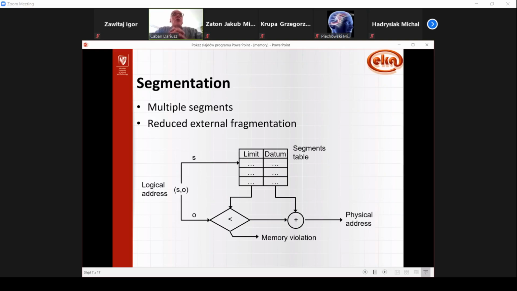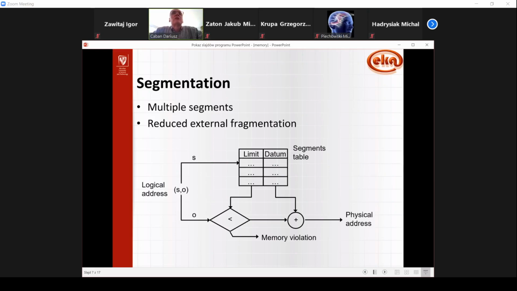The smaller the blocks, which must be continuous, the easier it is to fit them into the holes inside the memory, and then you get smaller external fragmentation. But of course, there will always be some misfit, which means that there will be external fragmentation in this case.